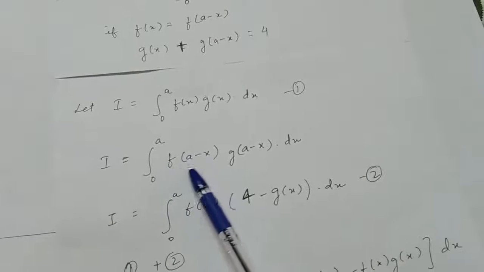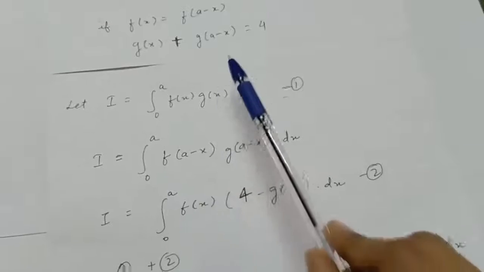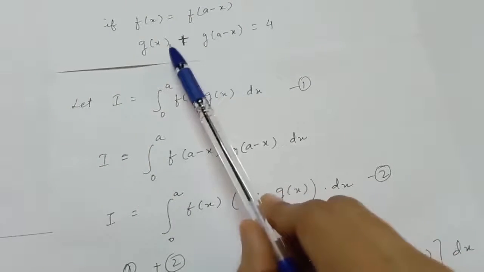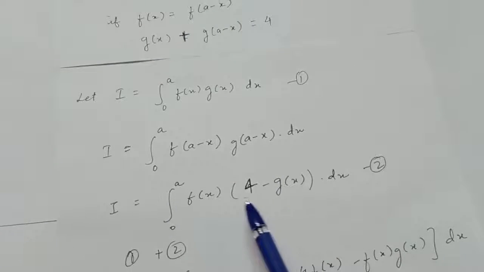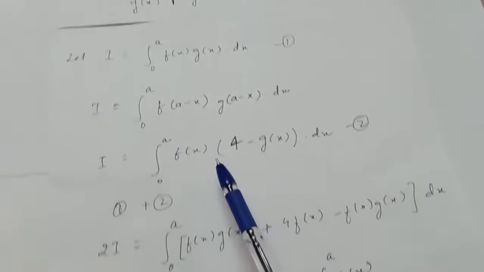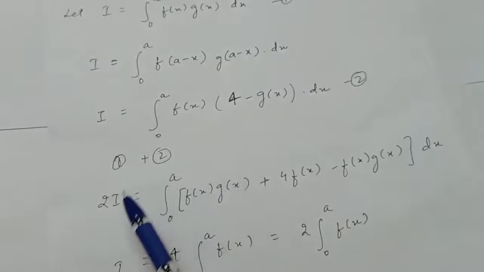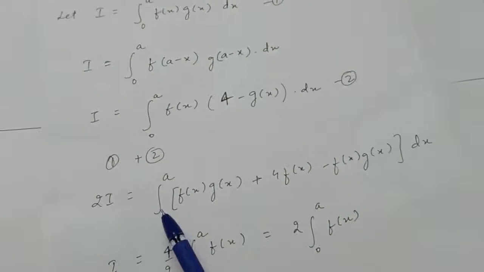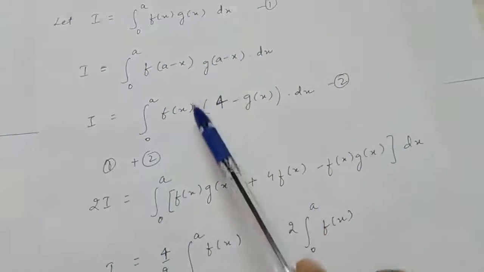Now see, this f of a minus x, in the question it is given this is equal to f of x, and this g of a minus x is equal to 4 minus g x, right? Now multiply these two or add these two. Now this will be 2I equal to, because the limits are same, we can add these two functions.